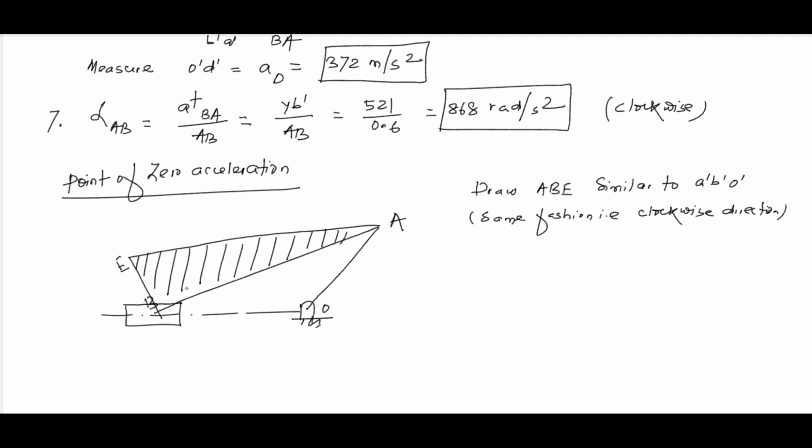Then the point E on the triangle will give the point of zero acceleration.